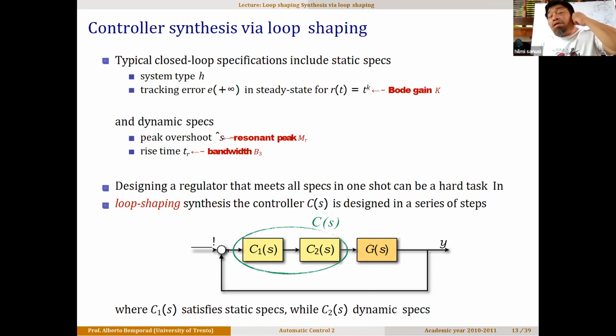That can be hard sometimes, but in loop shaping, what we want is to synthesize the controller that is designed in a series of steps, where C1 will satisfy the static specification, and C2 will satisfy the dynamic criteria.